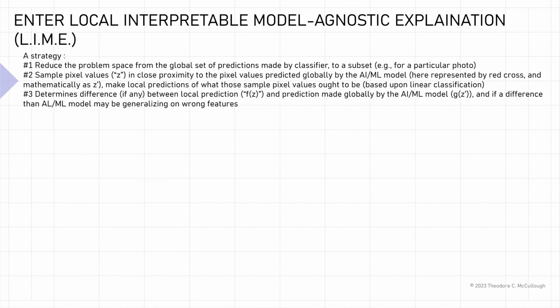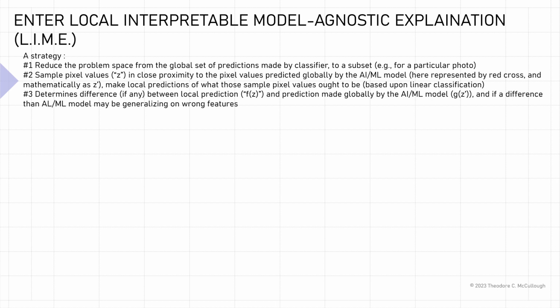A solution to the opaqueness of neural networks, and any other AI/ML model, comes in the form of L.I.M.E. L.I.M.E stands for Local Interpretable Model-Agnostic Explanation. And so the way this works from a strategy perspective is that you take a problem space and you reduce that problem space from a global set of predictions made by a classifier to a collection of subsets.